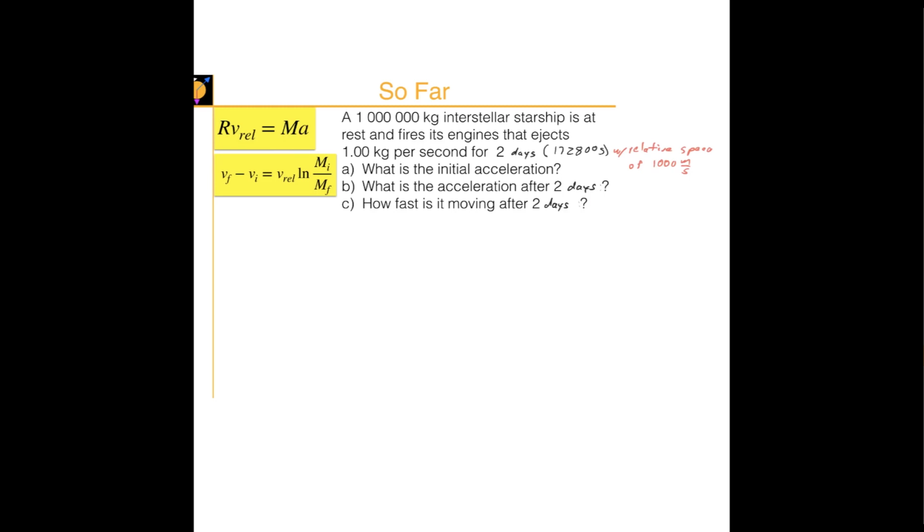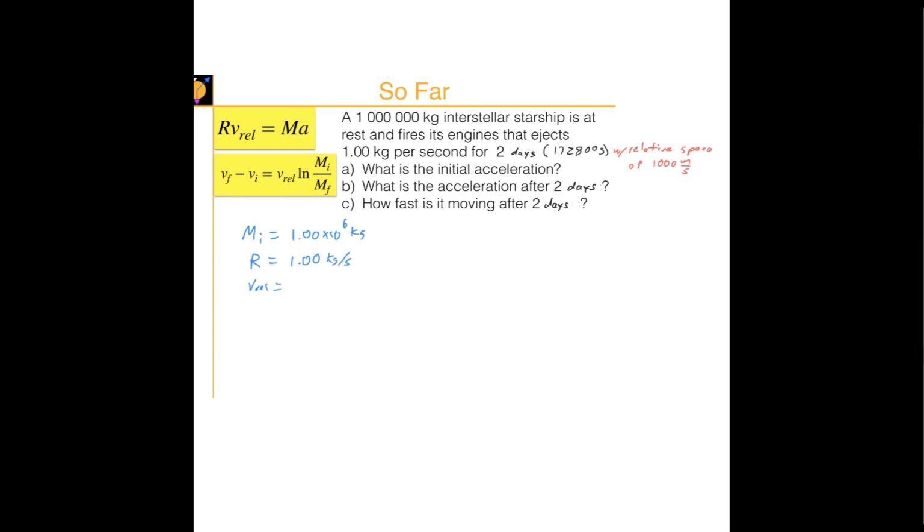First, let's write down all our knowns. We have our initial mass is given as 1 million kilograms, or 10 to the 6 kilograms. We're given that it's firing at 1 kilogram per second. That's how much fuel it's spending per second.